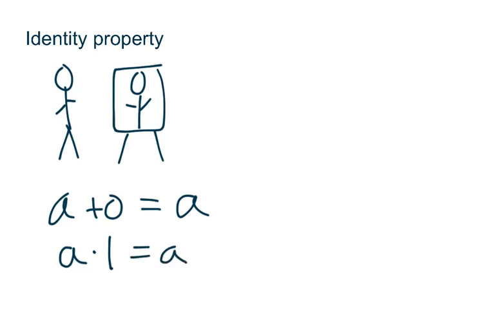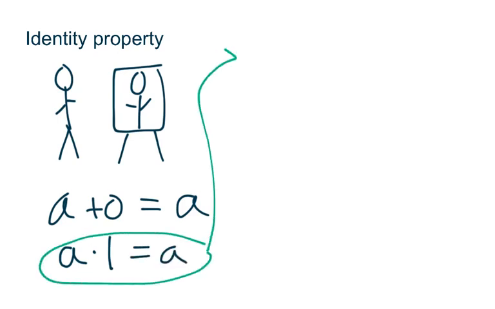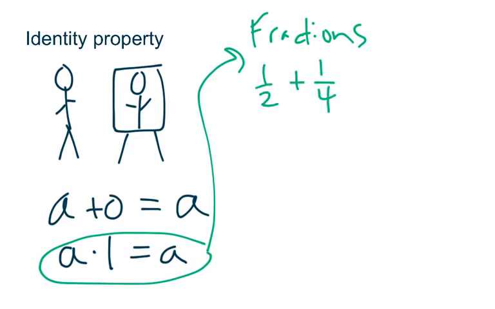And actually, this guy right here is something we use with fractions all the time. So let's say we did 1/2 plus 1/4. Well, according to the rules of fractions, you have to get a common denominator. And so we want to put these in fourths. Well, the 1/4 will stay as 1/4. But to make that 1/2 into fourths, you're going to multiply it by 2 over 2.